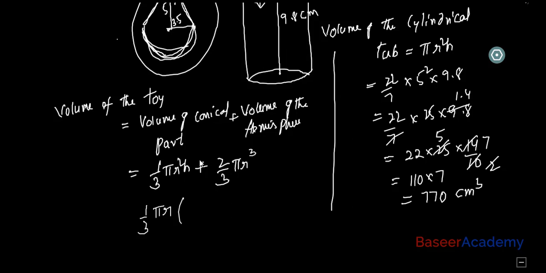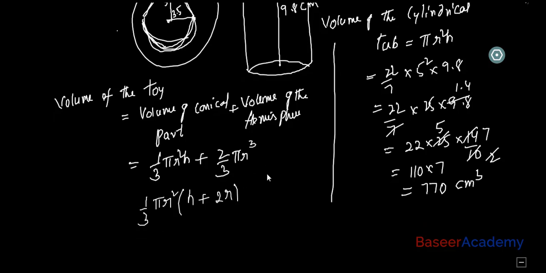Pi and pi, you can take pi common. R square I can take common. I'll be getting h here, and 1 by 3 pi r square I took out, so I'll be getting 2r here, right?